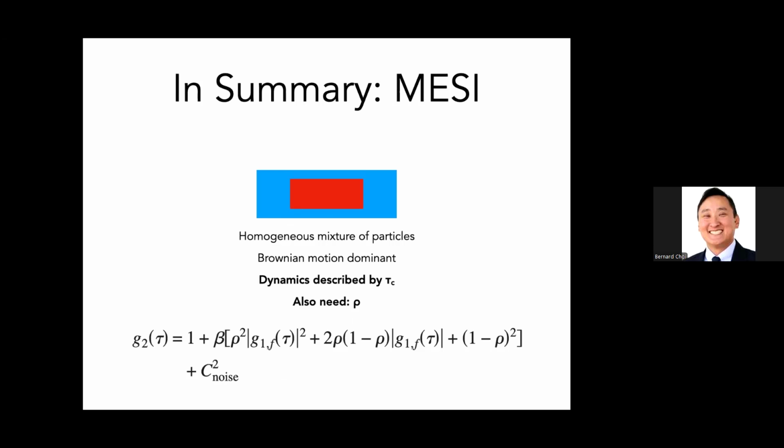If we have to deal with static scatterers, we do multi-exposure speckle. We need these multiple exposure times in order to back out the fraction of dynamic scatterers, because it's going to be less than 1 at this point. And we can basically model the correlation function in this way.